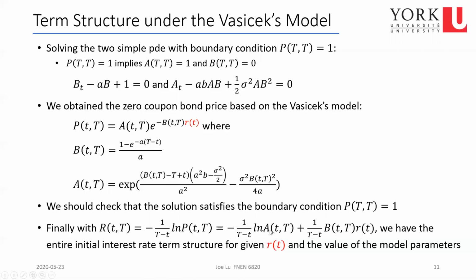So essentially that will become this form. Therefore, if we know the process followed by the instantaneous rate r, in this case the Vasicek process, then the interest rate term structure must have this particular form, or the zero coupon bonds in that world must have this particular form.